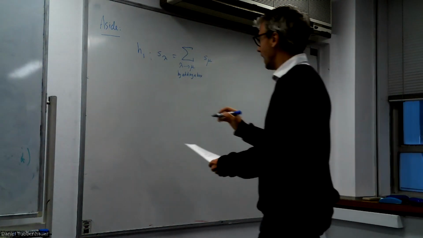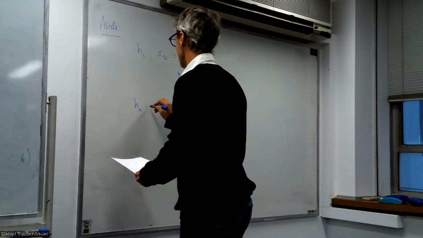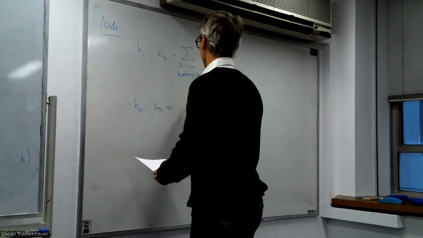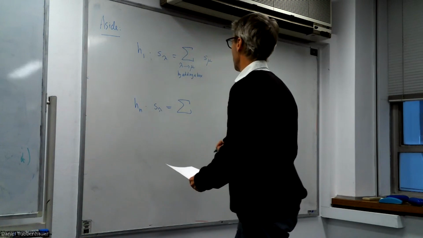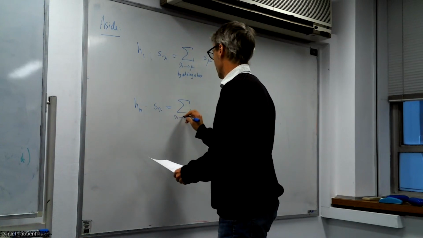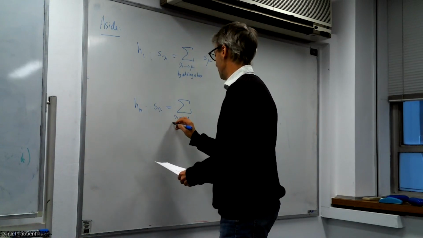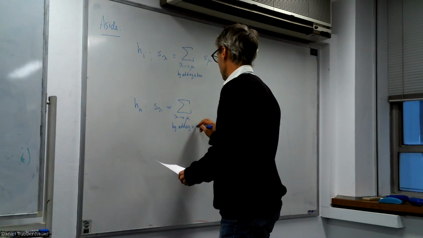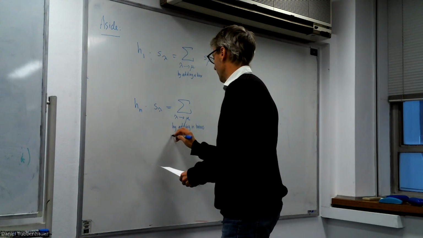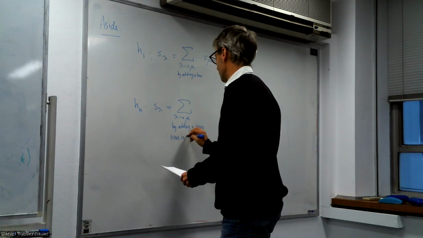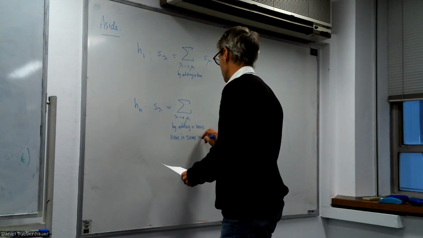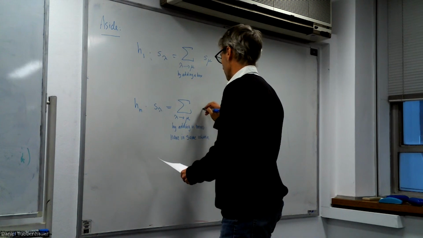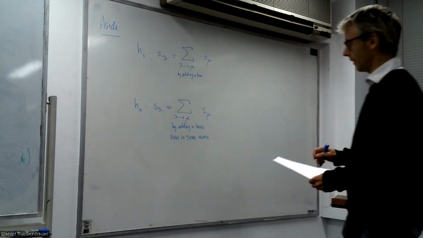And h_n times s_lambda is the sum over all lambda going to mu by adding n boxes, none in the same column. And the beautiful rules.